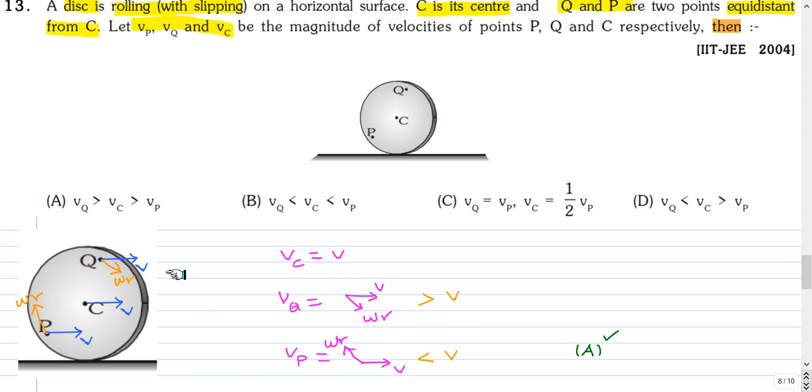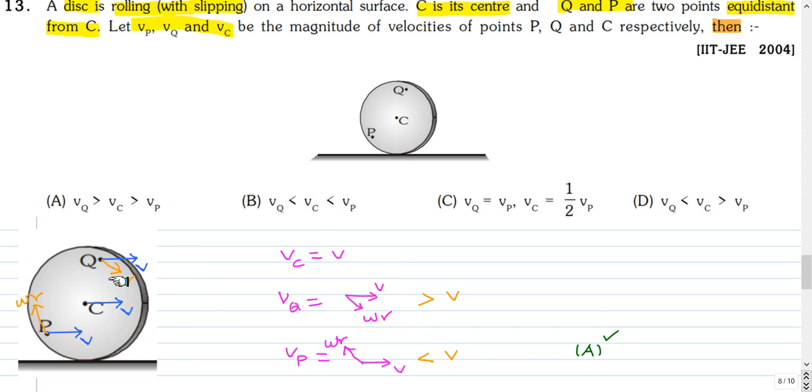Here is the solution. Let the disk translate towards the right with a linear velocity v. All the points on this disk will translate with the same velocity. We are splitting the velocities into linear velocity and angular velocity. The translation velocity will be the same for all the points, and let the disk rotate with a speed omega.